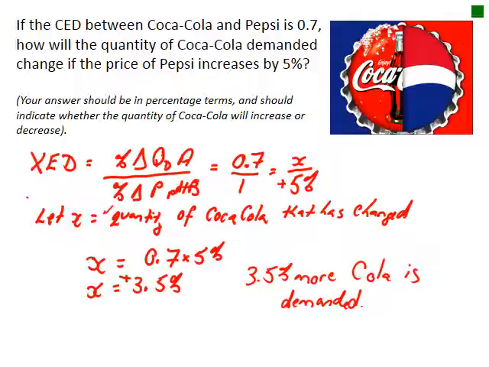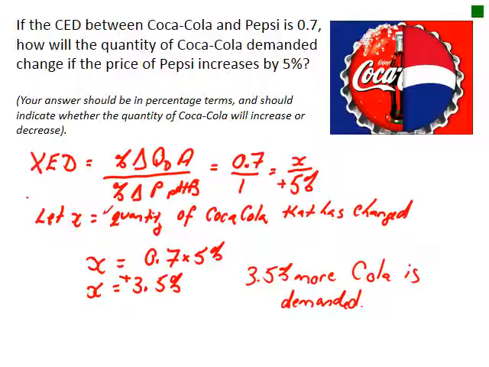Okay, and so let X equal quantity of Coca-Cola that has changed. Maybe we could have made that into tighter English, but you get the idea. So let's cross multiply.